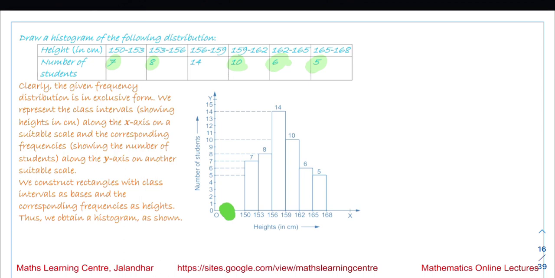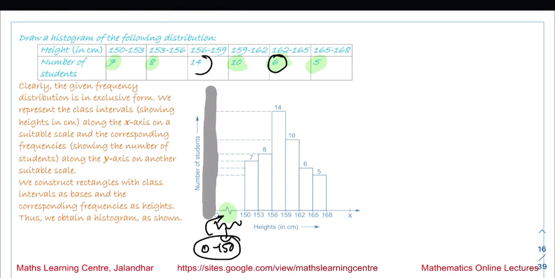So we have marked this over here, because all other values between 0 to 150 lie between this point. Next, the minimum frequency is 6, the maximum is 14. So on the y-axis we have marked the points 0 to 14. This is representing the frequency, that is the number of students.